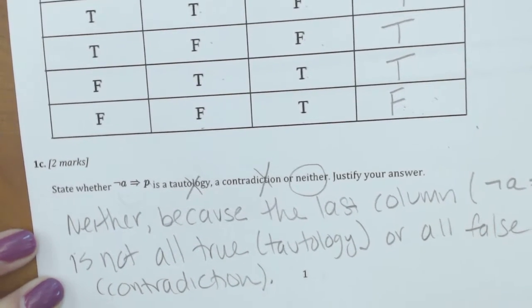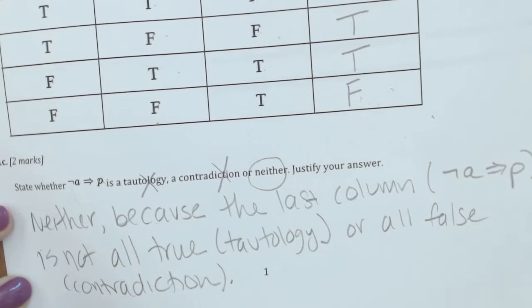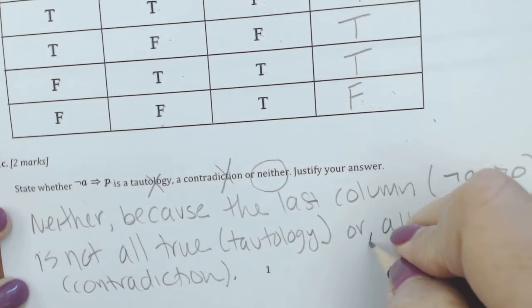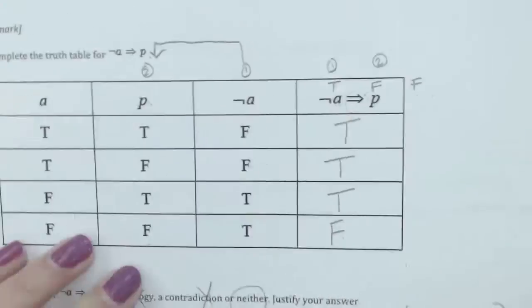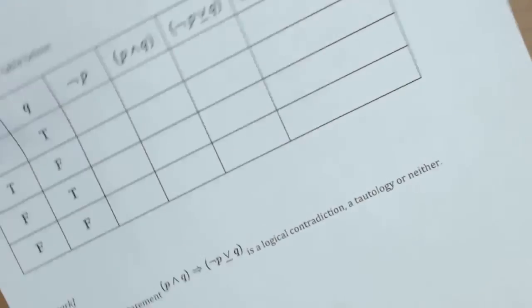So that's why it's neither. You have to make sure you tell me where you're looking: the last column. Tell me what that last column is, and then tell me why it's not all true and not all false, so why it's not a tautology and not a contradiction. There's where you would get your points. Okay, let's flip it over to the second page.